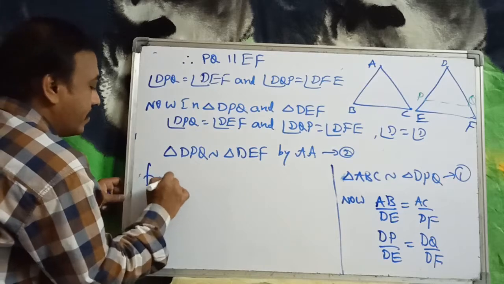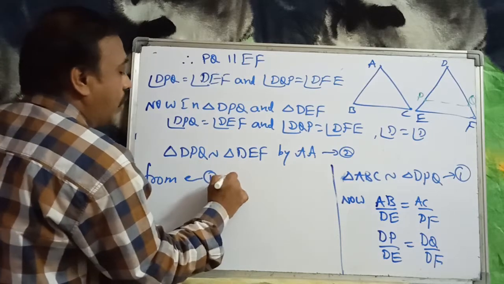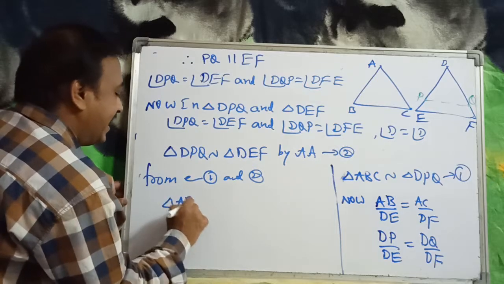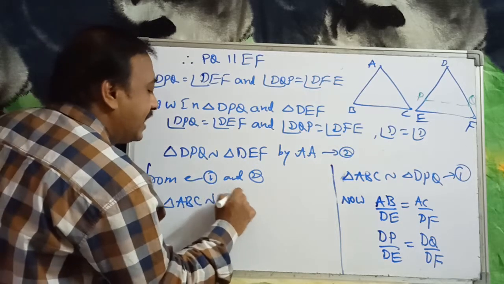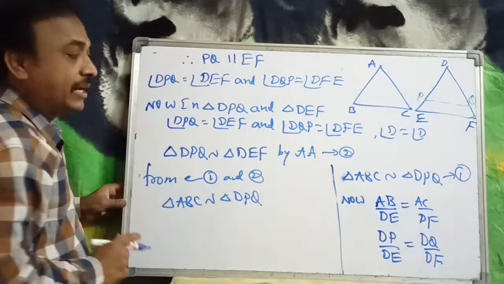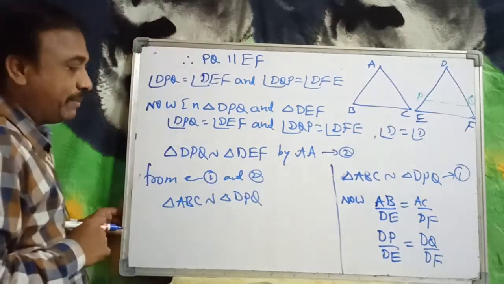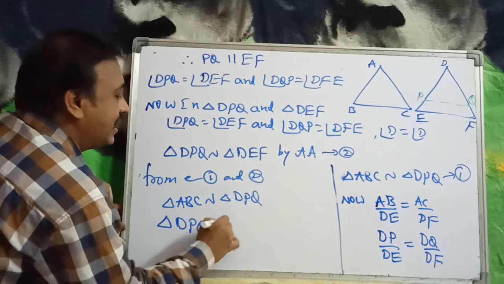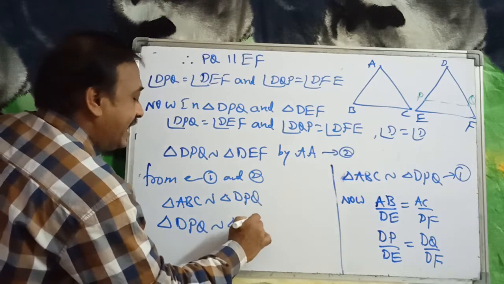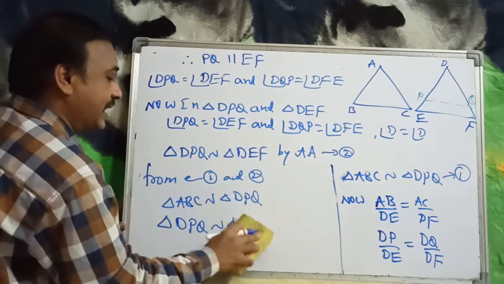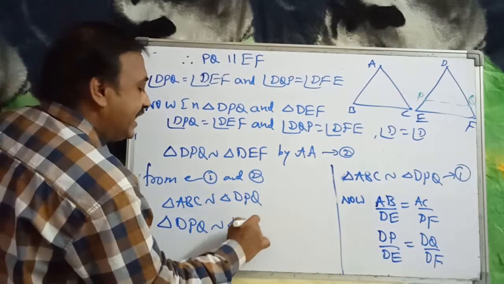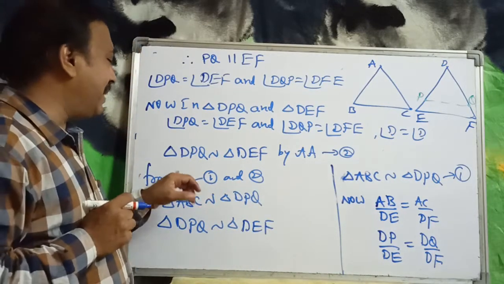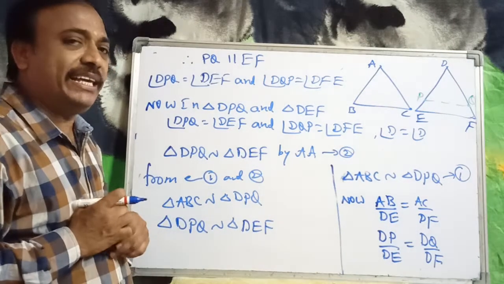From equations 1 and 2, triangle ABC is similar to triangle DPQ, and triangle DPQ is similar to triangle DEF.